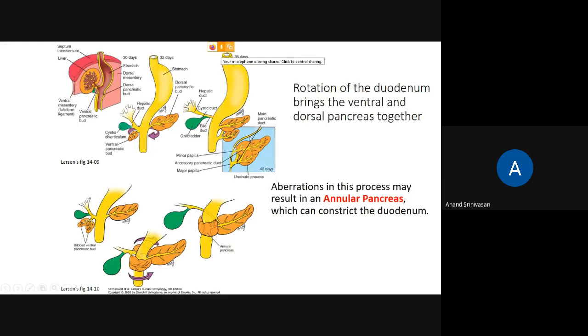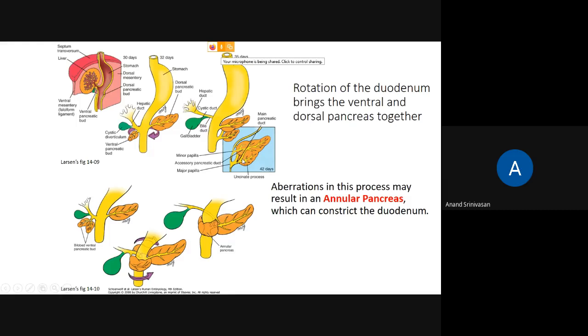The small portion of the head of the pancreas will have another opening, which is the minor duodenal papilla.